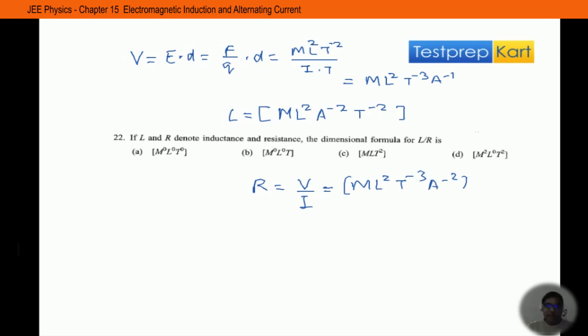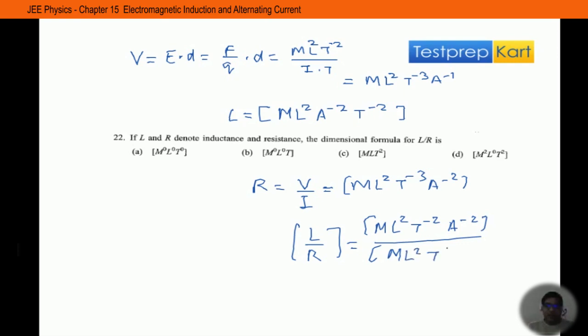Here we need to find the dimension for L over R. The dimension of L is M L² T⁻² A⁻², and the dimension of resistance is M L² T⁻³ A⁻².